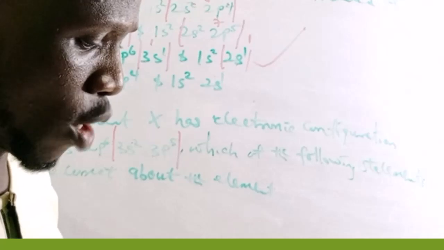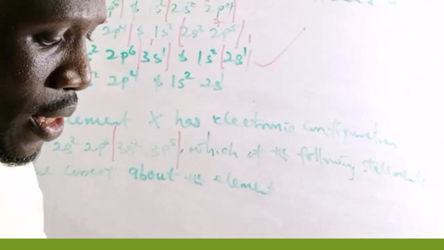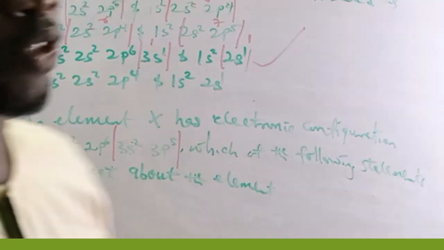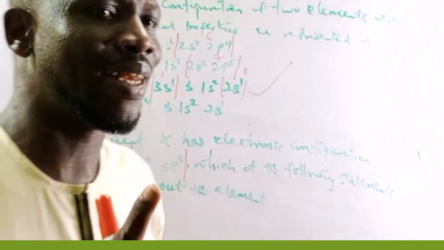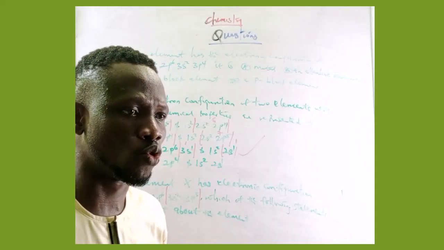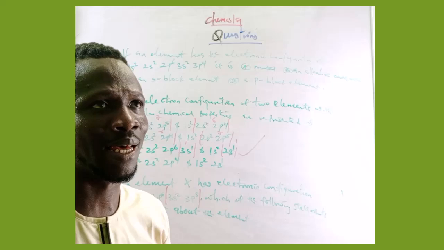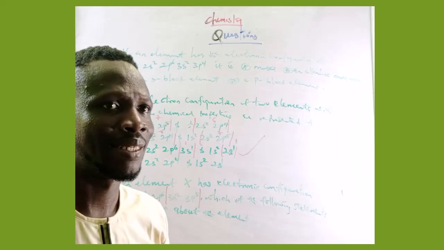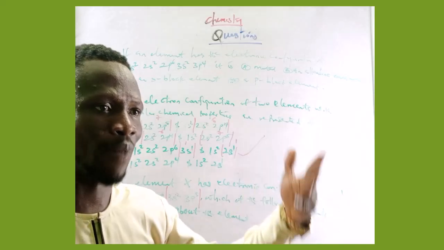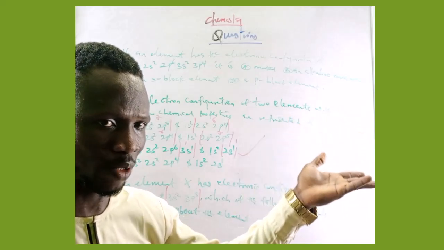So what is the next option? It is a halogen. Now pay attention, please. Group 1 elements are known as alkali metals. Group 2 are known as alkaline earth metals. You have the boron family, carbon family, oxygen family, and the rest of them.